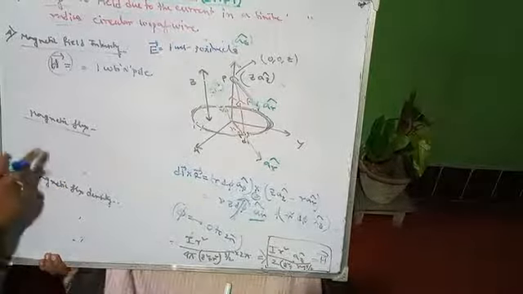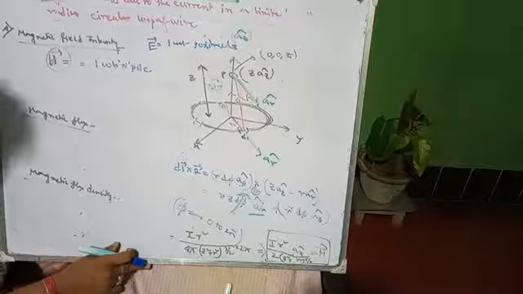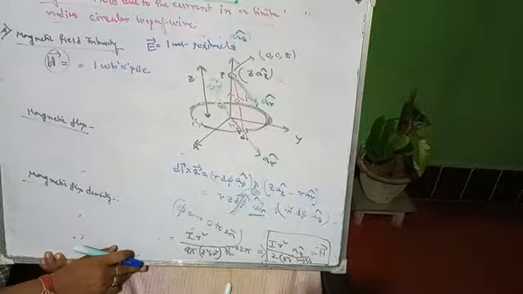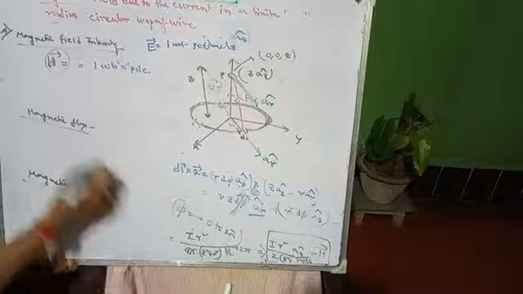So what is magnetic flux? Magnetic flux is defined as the group of magnetic field lines emitted outward from the north pole of a magnet, and its unit is Weber.